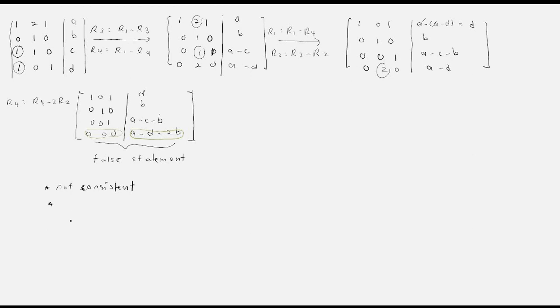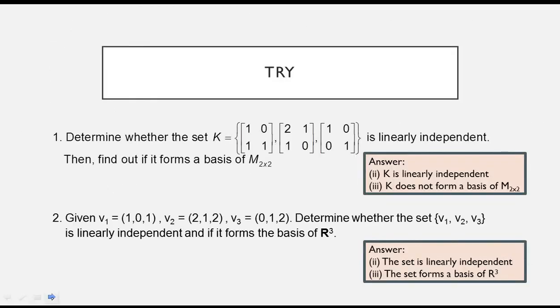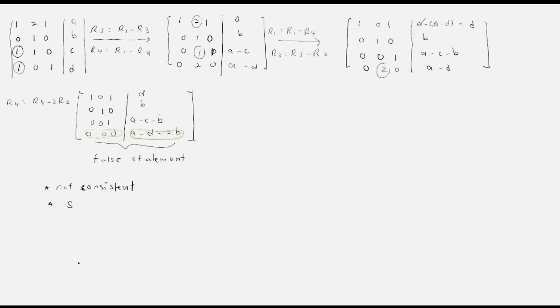Therefore, let's check the set, call it K. K did not span the matrix 2 by 2.